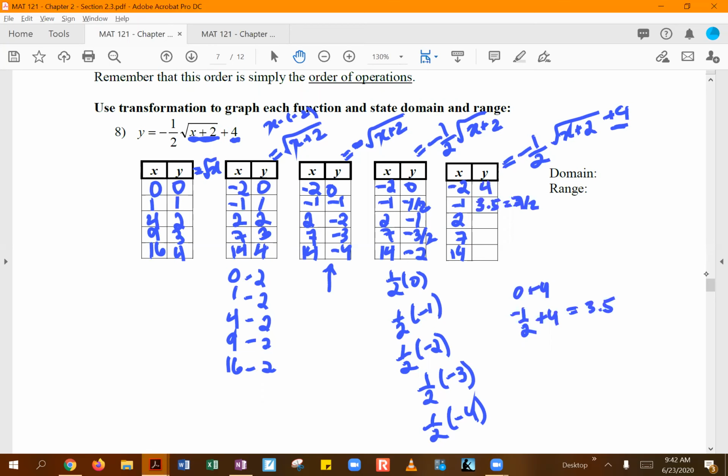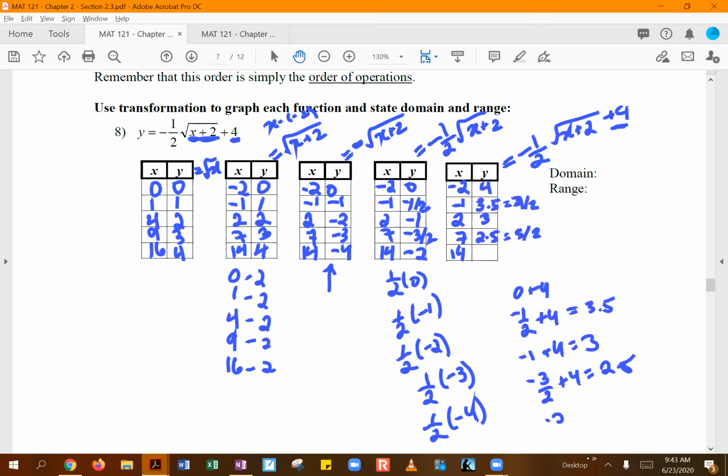For the next one, when we add negative 1 and 4, yeah, you're going to get 3. What happens with negative 3/2 when you add 4 to it? Or basically negative 1.5. Yeah, negative 3/2 plus 4 will give you 2.5, or as a fraction, you can write that as 5/2.